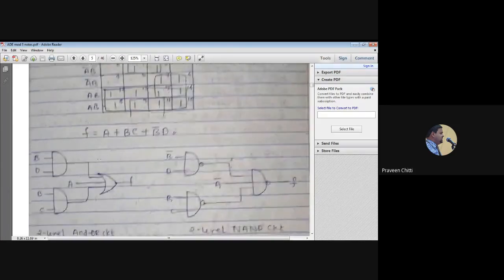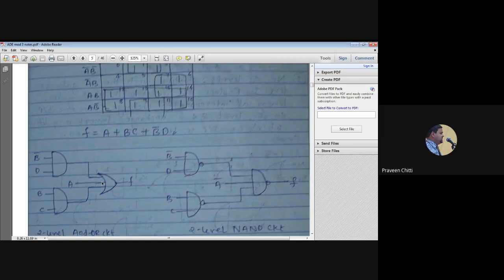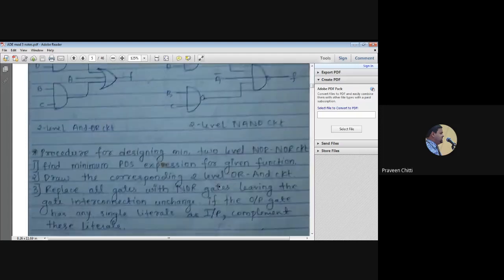That means if you have a POS equation, draw the logic diagram, first having OR and then having AND gate, then convert each gate to NOR gate, and if any output gate has a single literal, it should be complemented, right? That is how you need to simplify and draw the logic circuits.